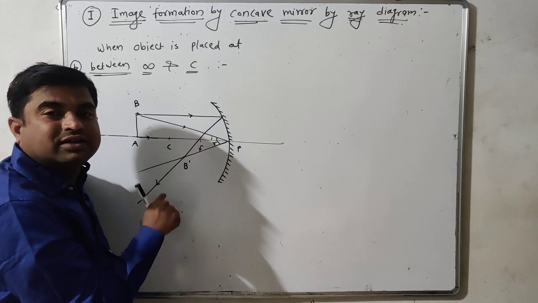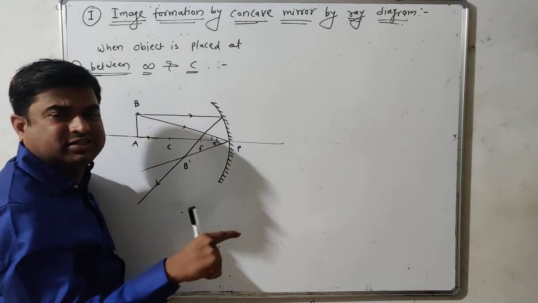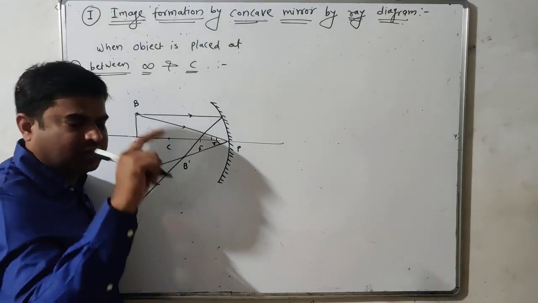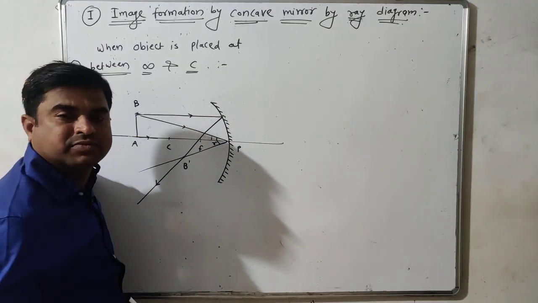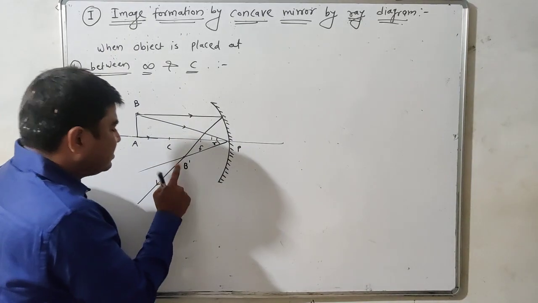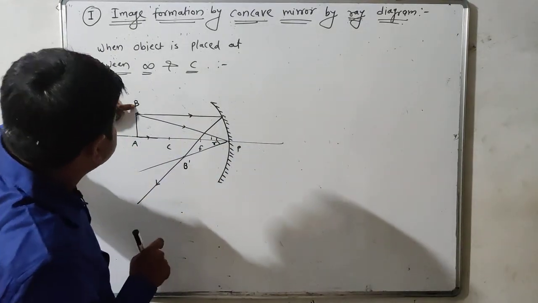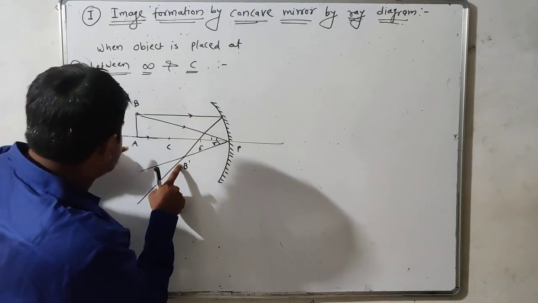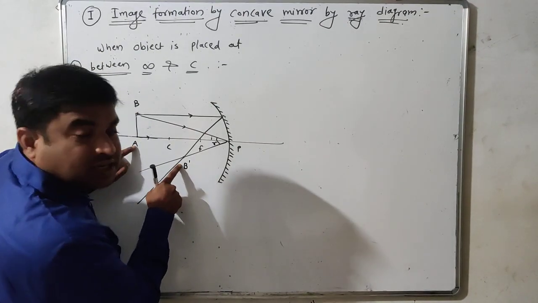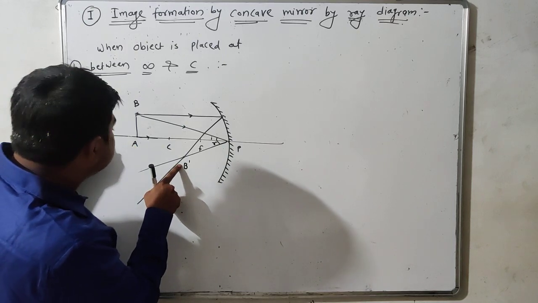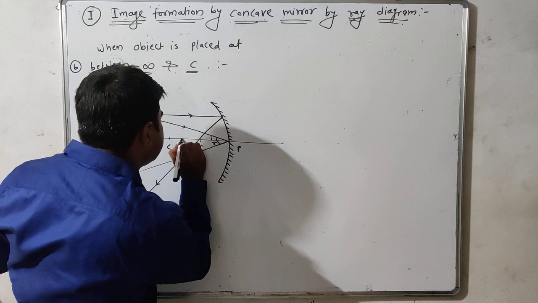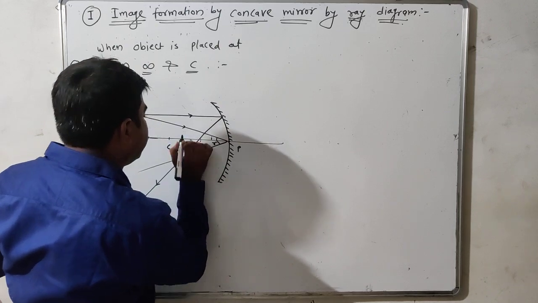Since the image of point object B is here, the image of point object A, which is on the principal axis, must be produced over here at A dash.